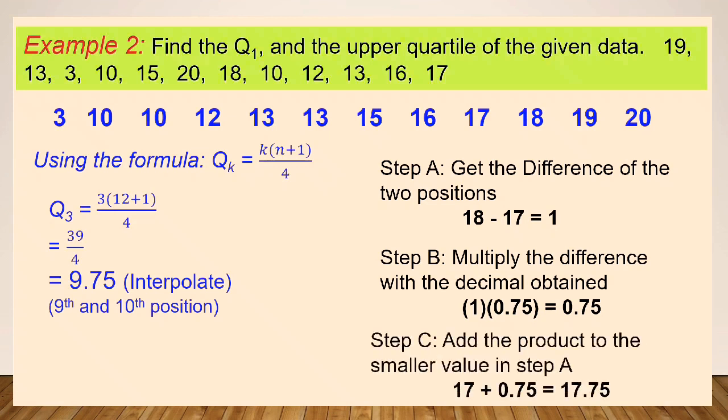And finally, we are going to add the product to the smaller value in step A, that is 17 plus 0.75, that is equal to 17.75. So therefore, the exact value of the third quartile is 17.75.